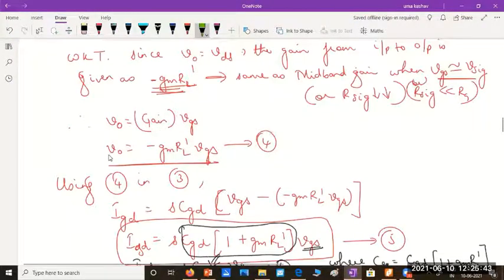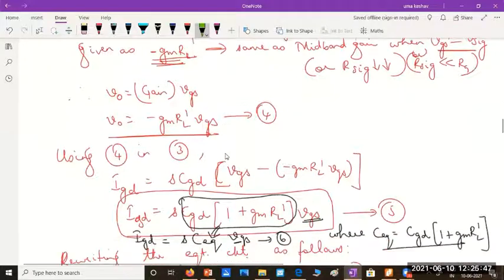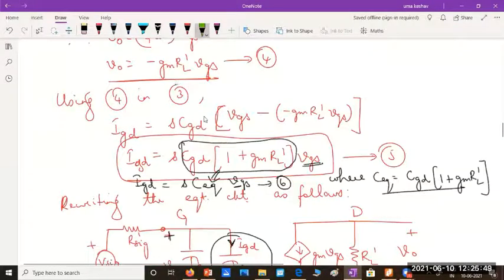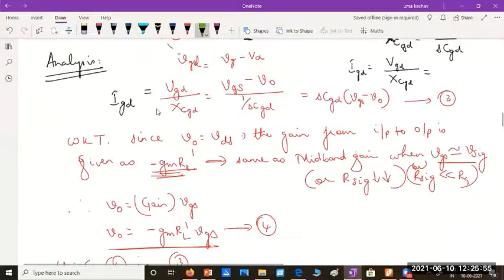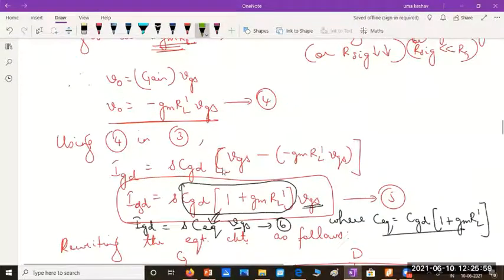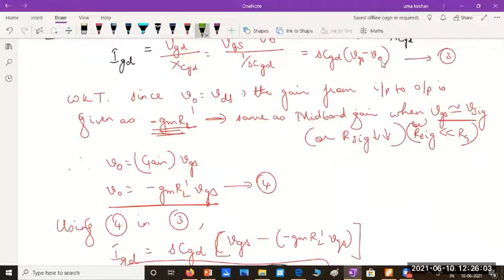I'll write V0 as minus GM RL dash into VGS, and substitute this in the expression for the current. So IGD will be SCGD into VGS minus V0, where I write minus GM RL dash VGS.